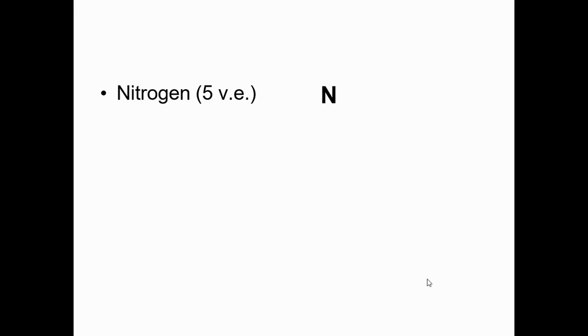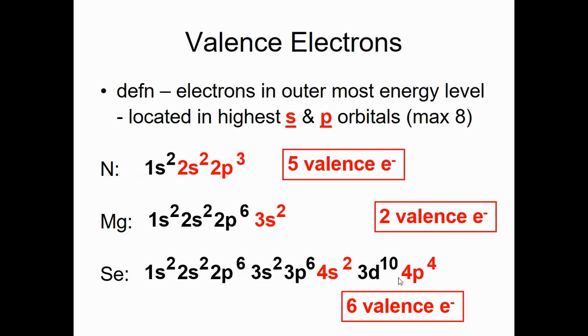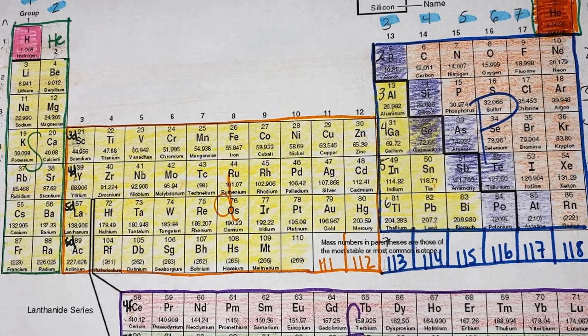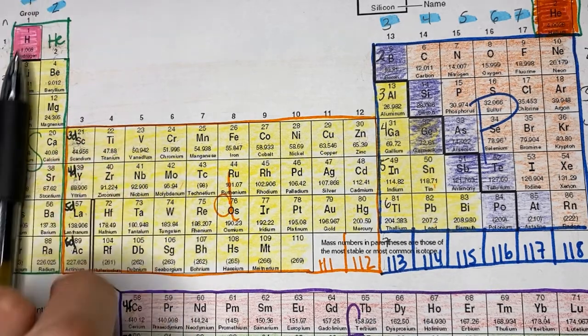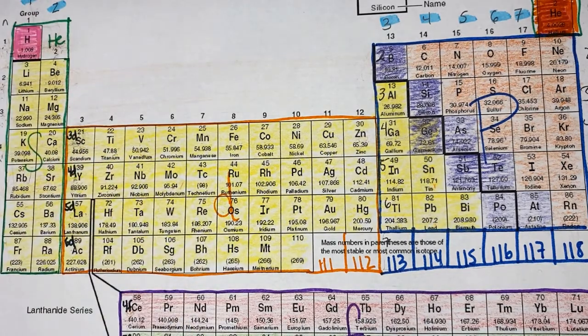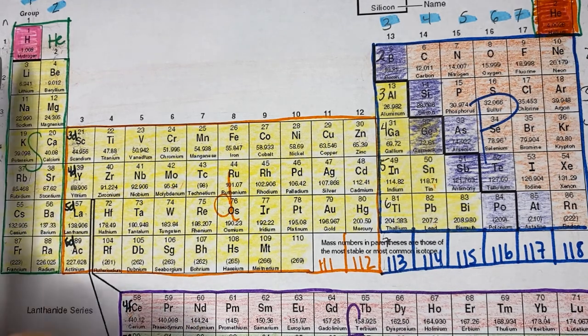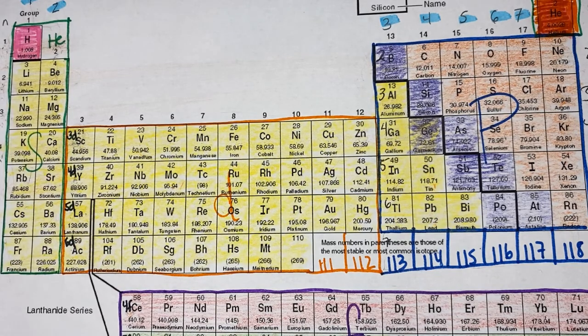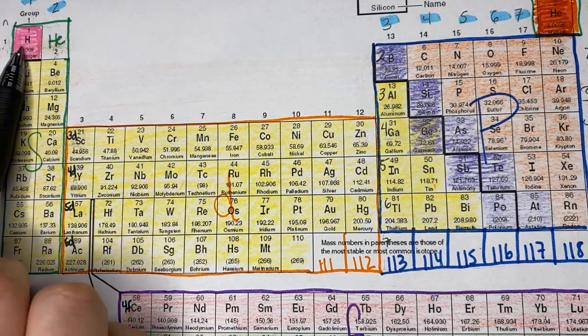Okay, before we get to the electron dot, let me show you that on the periodic table. If you look at this first column, group 1, hydrogen's highest energy level is 1, and this is a 1s1.